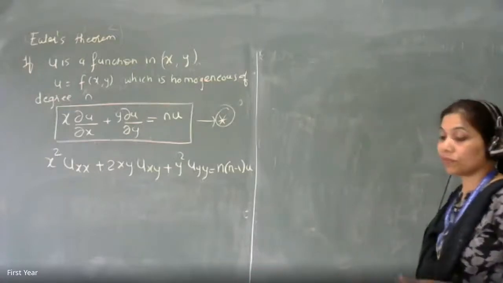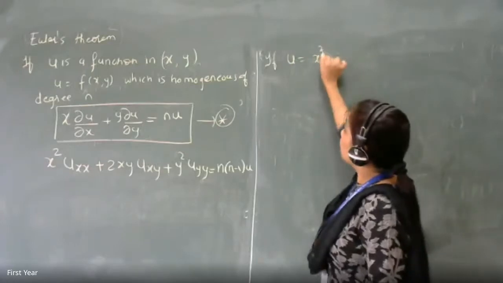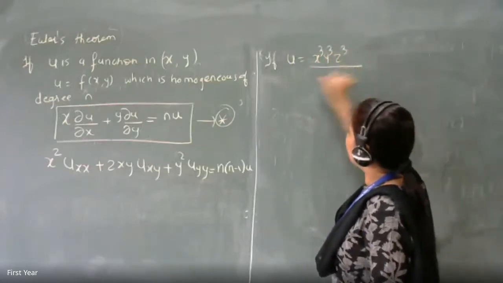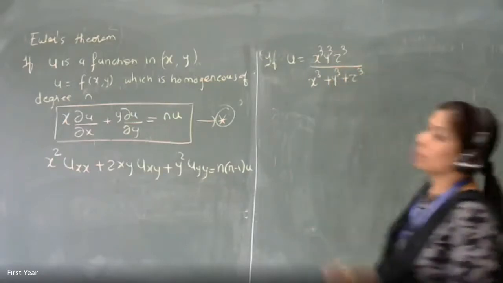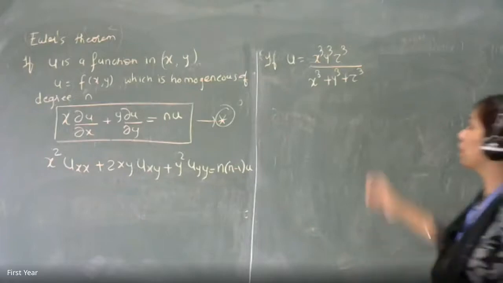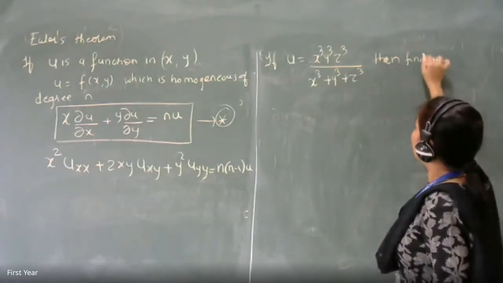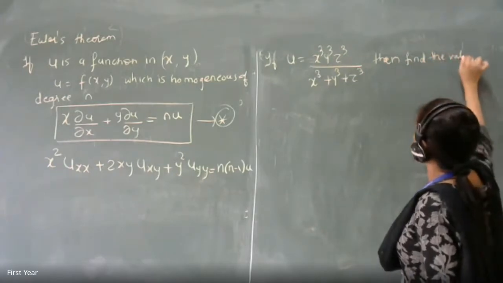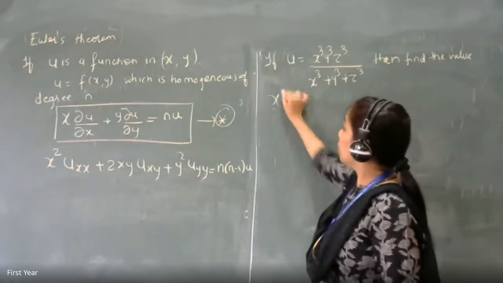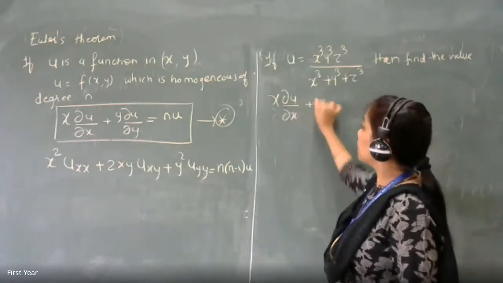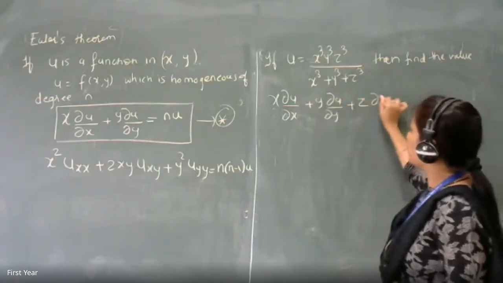So take down, if u is equal to x cube y cube z cube divided by x cube plus y cube plus z cube, then find the value of x del u by del x plus y del u by del y plus z del u by del z.